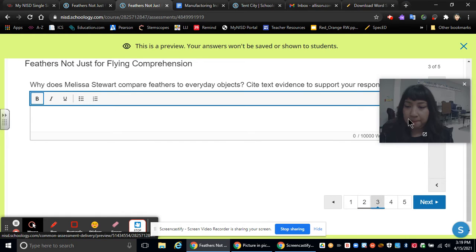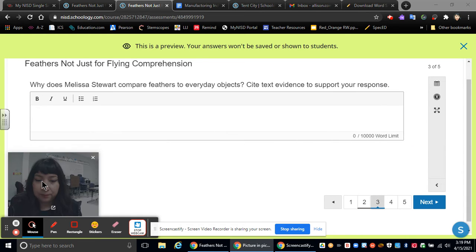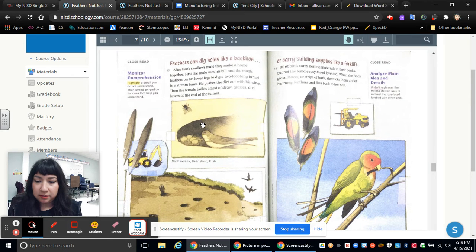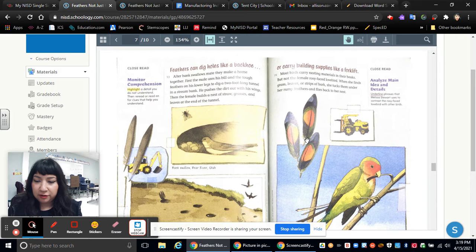Number three, I'm going to move my little thing. Why does Melissa Stewart compare feathers to everyday objects? So again, notice these feathers are right next to this image of a forklift because she's saying that they carry materials like forklifts.